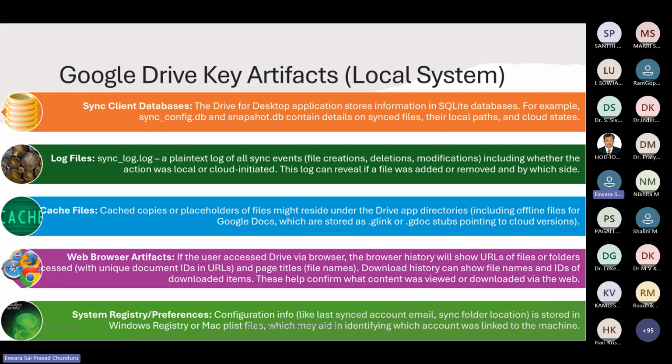In the case of Mac systems, plist files will provide aid in identifying the Gmail addresses linked to that machine. From the Gmail address, we can conduct an OSINT related investigation to get more details with respect to that Gmail account, something like a name, linked phone number, and so on. So these are some key artifacts that can be focused on for Google Drive.